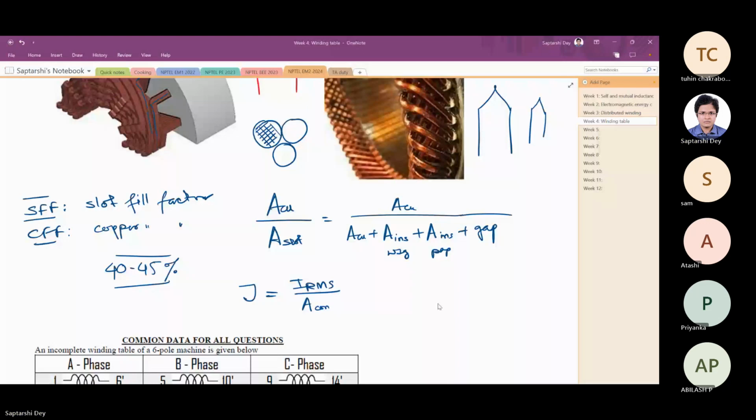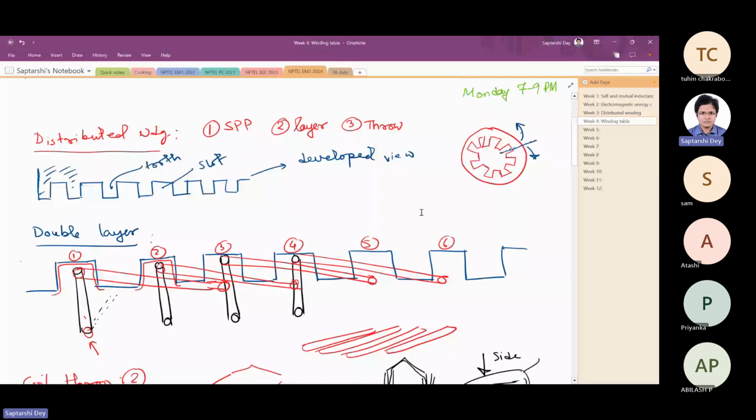In this way, it depends on how much and what kind of cooling you are having. Okay, this is how we wind machines. This is how the considerations behind winding go while winding a machine. Okay, any doubt up to this point?